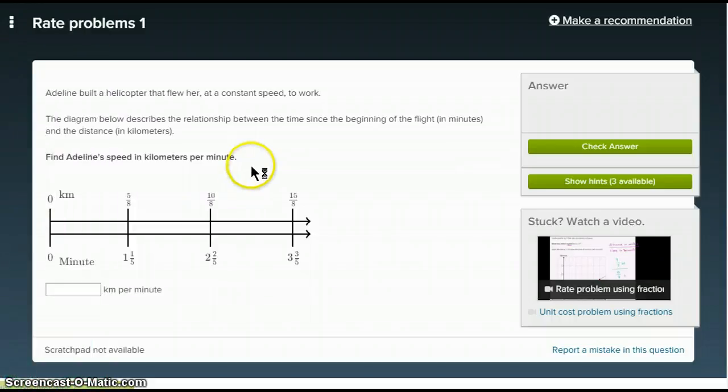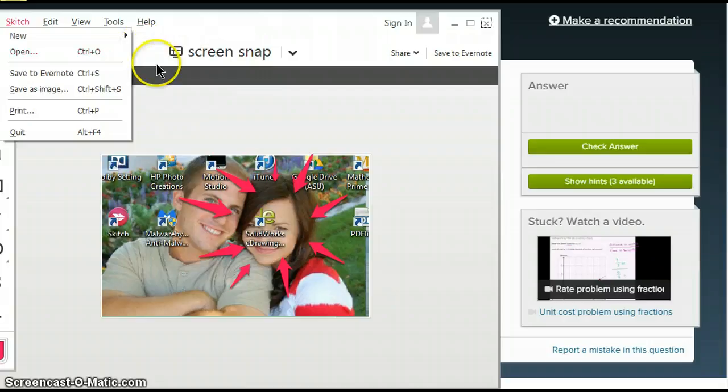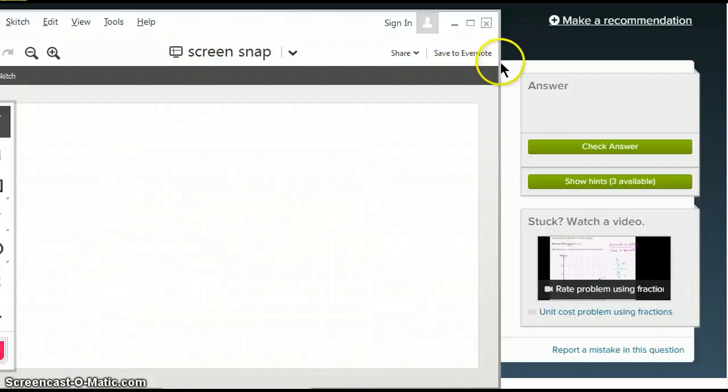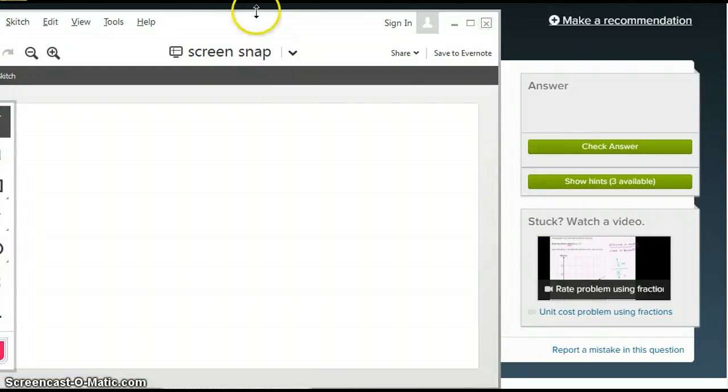In order to do that one, we have 2 points. At 0 kilometers, she has 0 minutes, and at 5/8 kilometers, she's traveled 1 1/5 minutes.